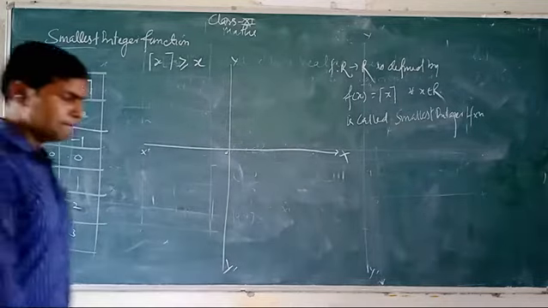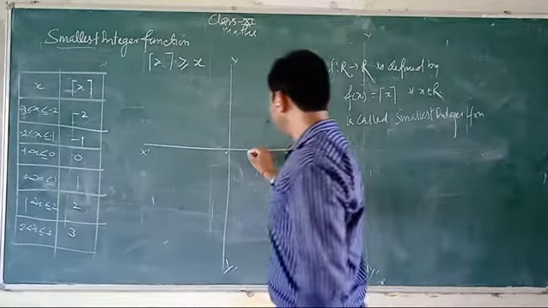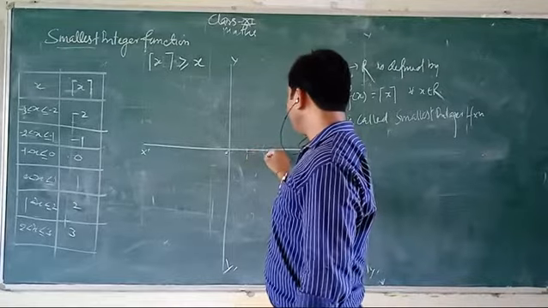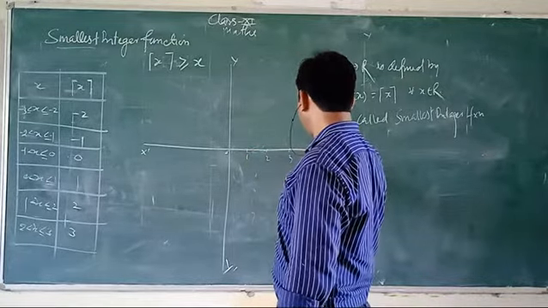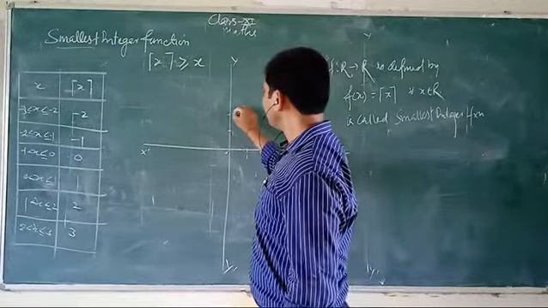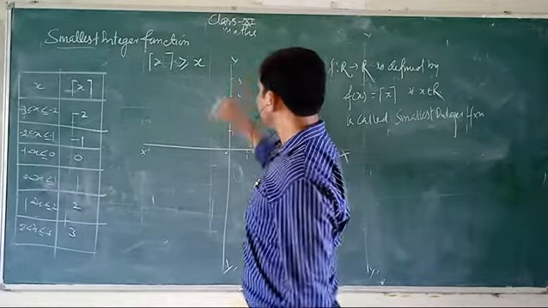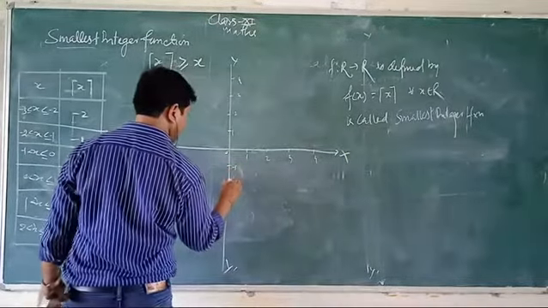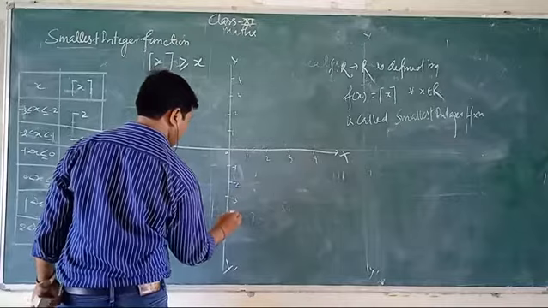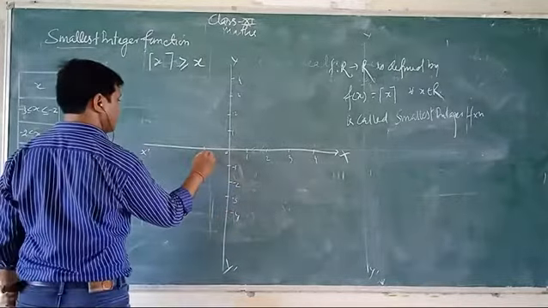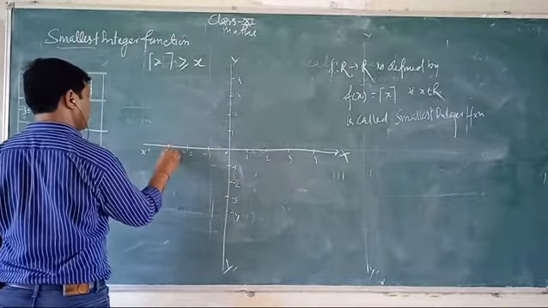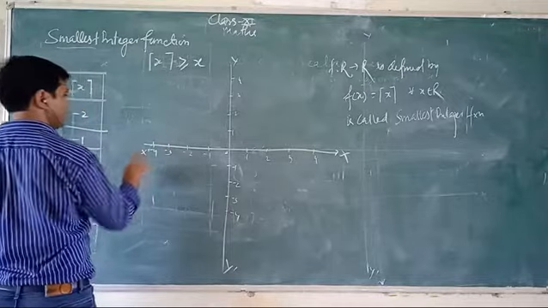Okay, here are 1 2 3 4, 1 2 3 4, and here minus 1 minus 2 minus 3 minus 4, minus 1 minus 2 minus 3 minus 4.